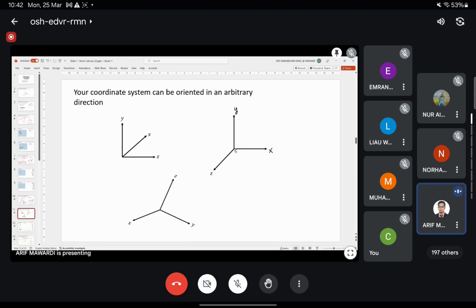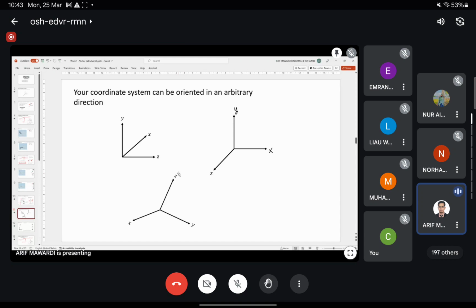You can also put x along this direction and y along this direction and z along this direction. Or you can also tilt your coordinate system something like this, so x in this direction, y in this direction, and z in this direction.